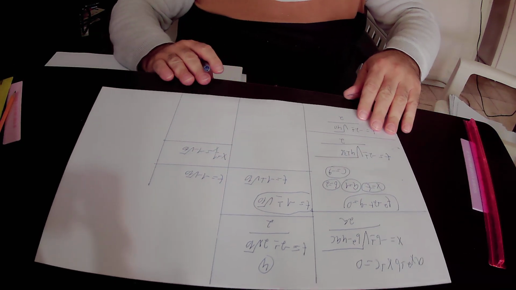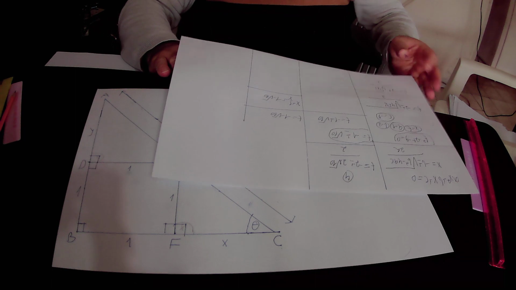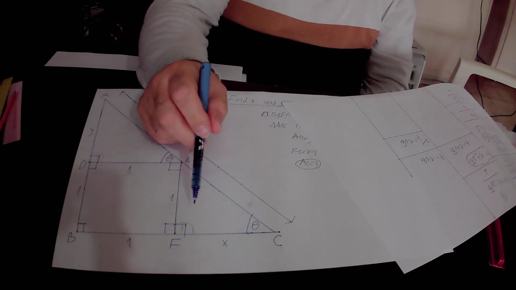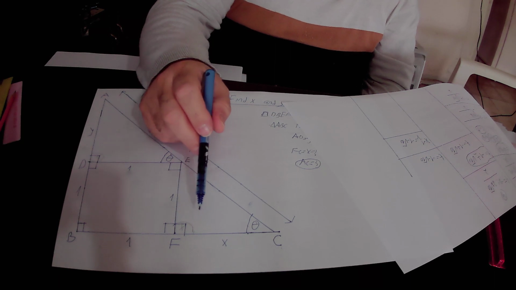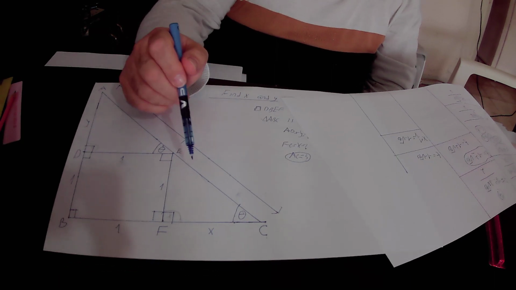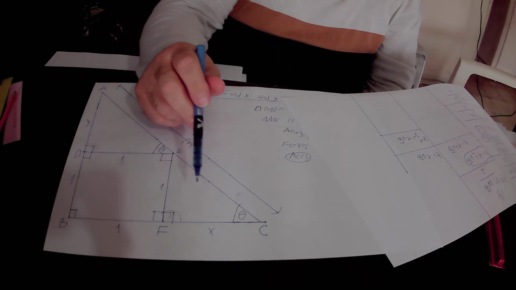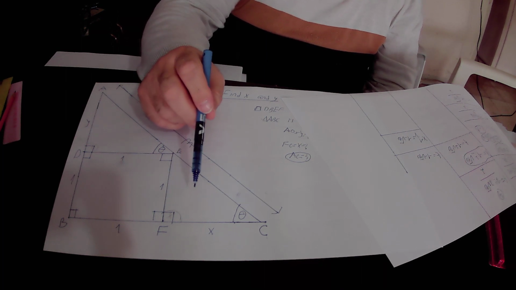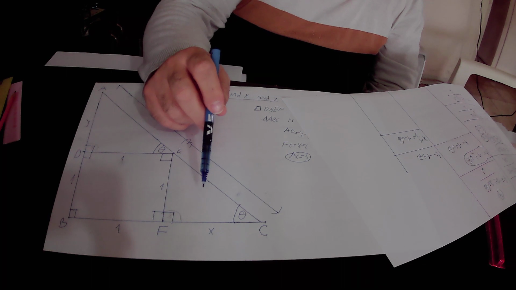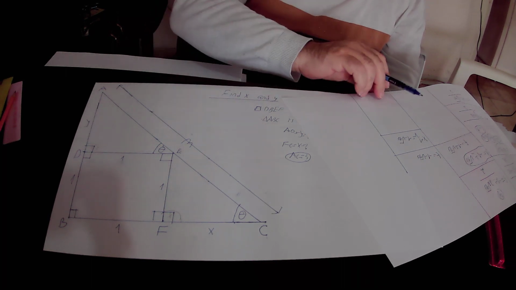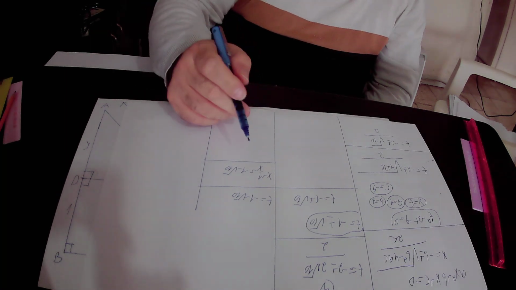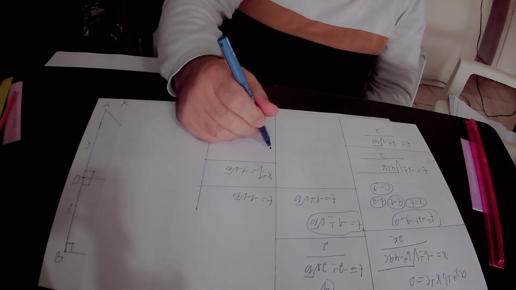Here x is actually a length. X is the length of side FC of the right triangle EFC. Therefore, x must be a positive number, and 1 over x must also be a positive number. So x plus 1 over x is a positive number.